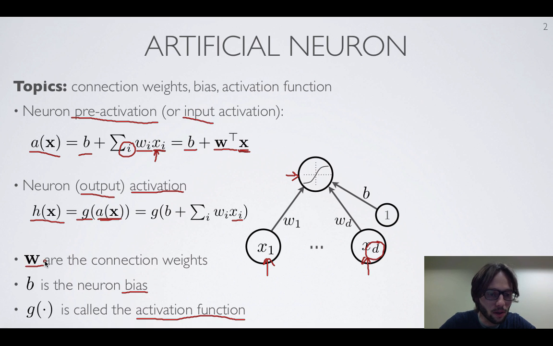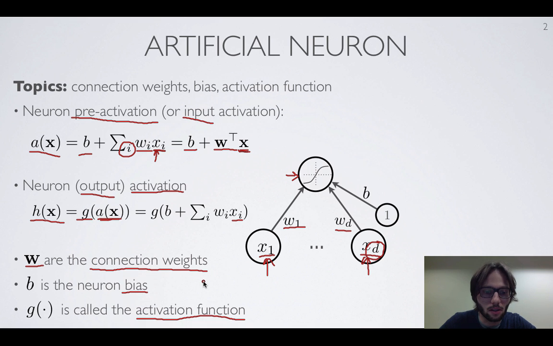So w, we will refer to it as the vector of connection weights, and that's because as in this visualization here, we can think of the elements of w as the strength of the connection between the neurons to which our neuron is connected. In this case, these neurons would be input neurons. They would be neurons that take the value of each of the elements in the input vector.